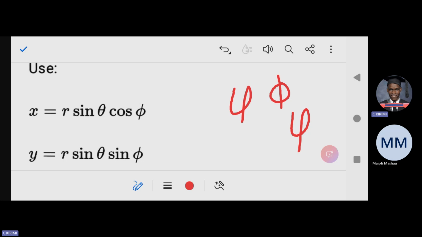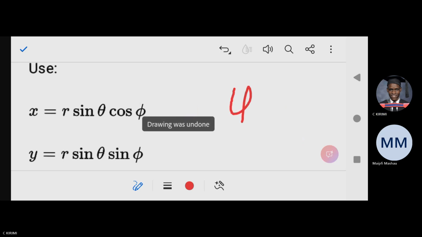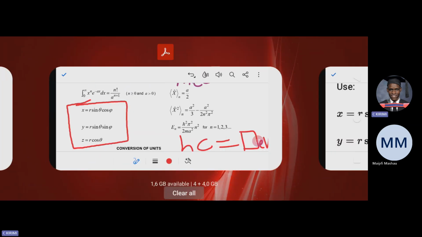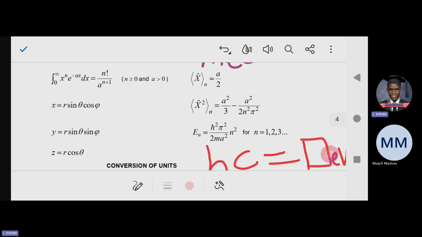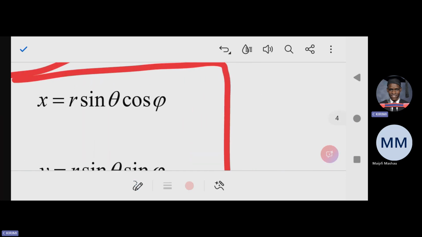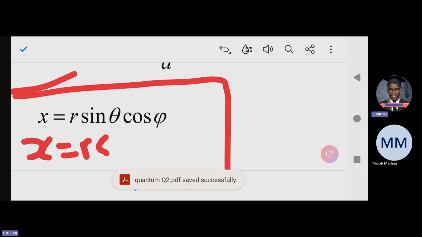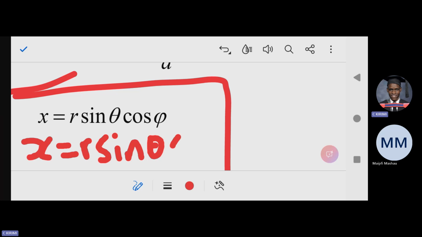You must take note of the notation, whether it's psi or phi. x is the same as r sine theta cos phi.